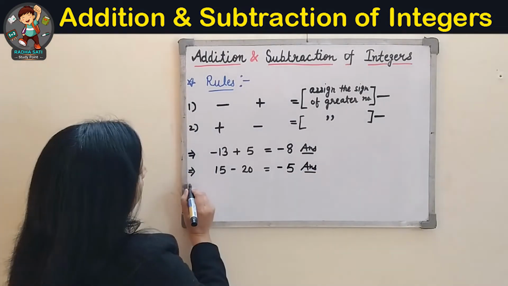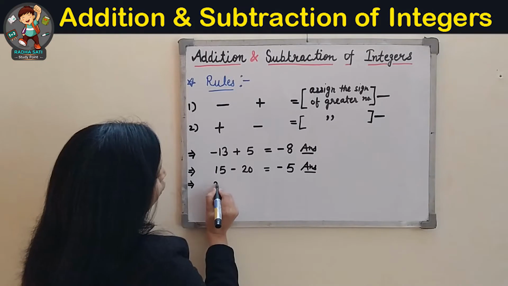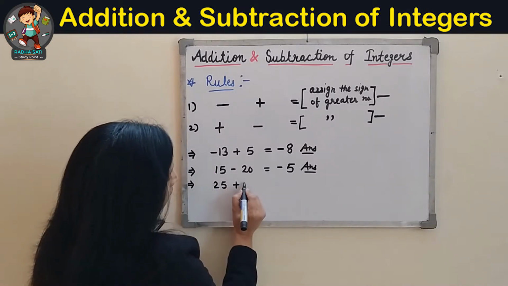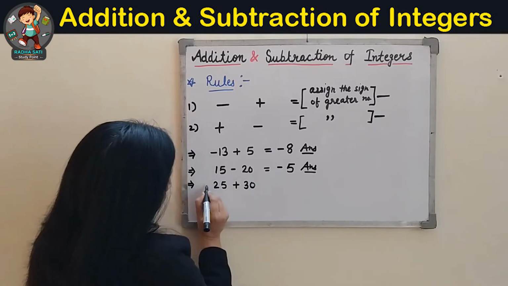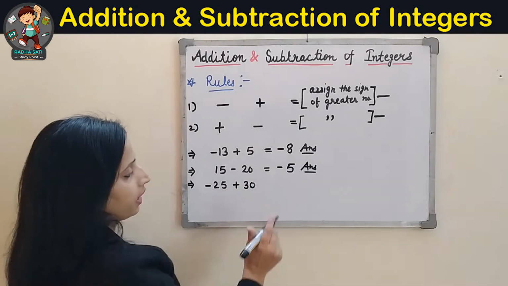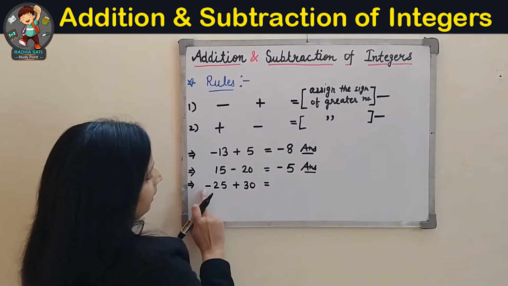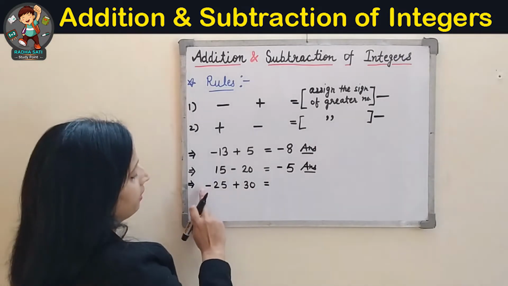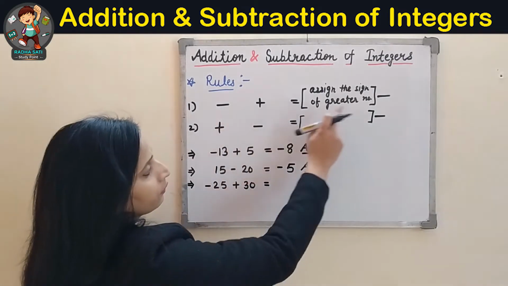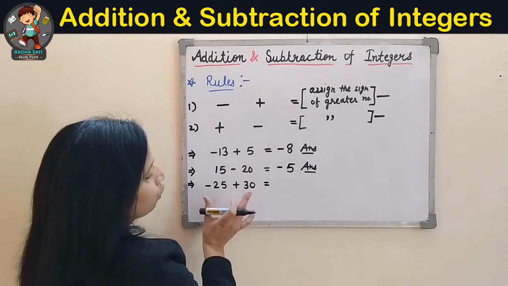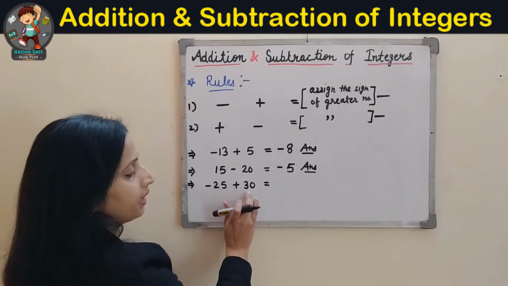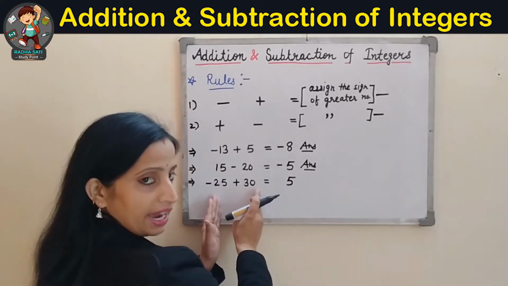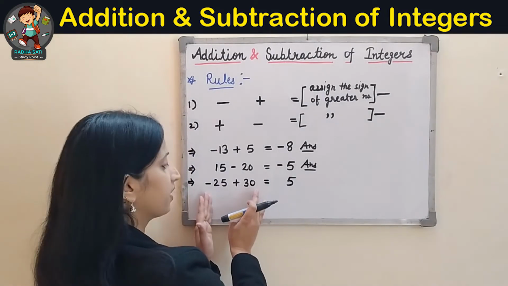Okay. Take one more example. Minus 25 plus 30. So, again 25 is a negative integer, 30 is a positive integer. Minus plus, what will we do? Minus. So, first we will subtract 25 from 30. We will get 5. Now, to put the sign, we will check which number is greater.